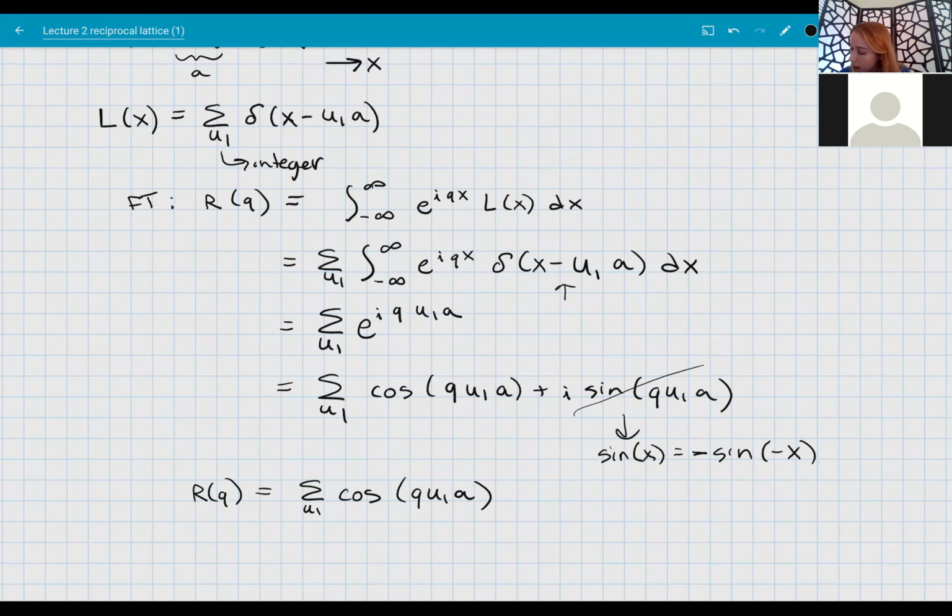So we know that u1 is an integer. We know that a is the lattice constant. It's the spacing between all of our lattice points. And then we need to figure out, are there any constraints that exist on Q? It turns out there are constraints on Q. If we had some arbitrary value of Q, this sum would tend to be 0 as the number of terms goes to infinity.